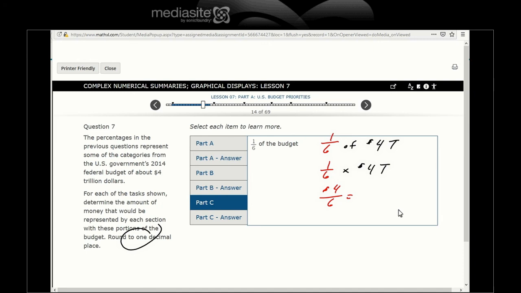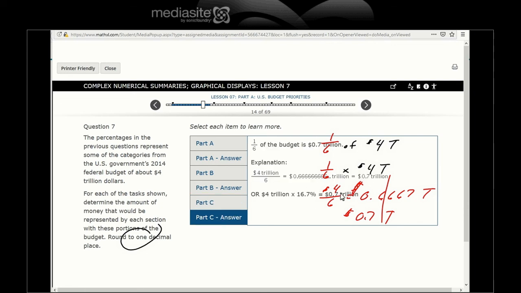And it's what, 0.7 trillion, rounded, or $0.7 trillion. That's a whole lot of money.